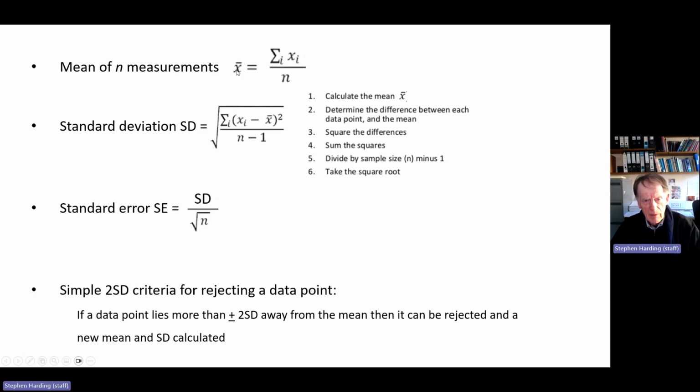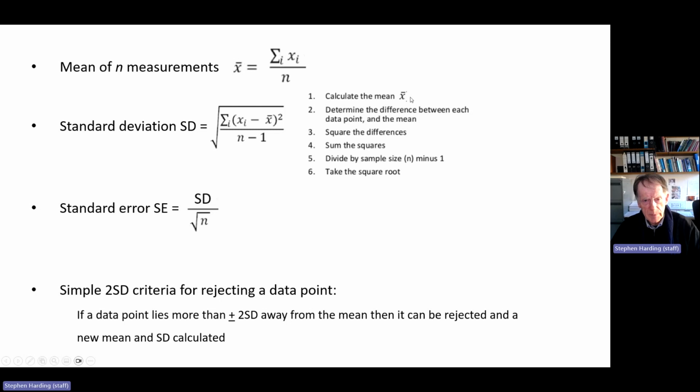The mean, represented here by x with a bar across the top, is the sum of the measurements divided by the total number of measurements. So x bar is the sum, this symbol sigma here, of xi divided by n.